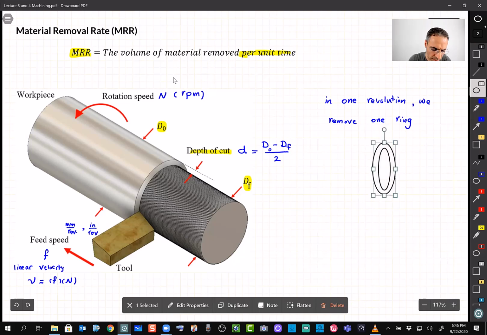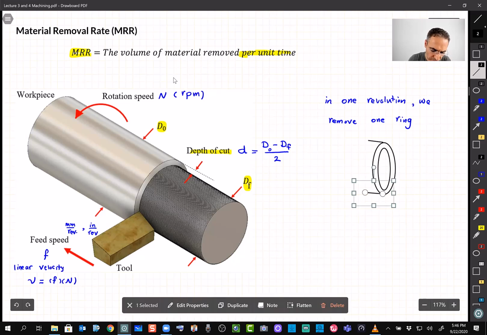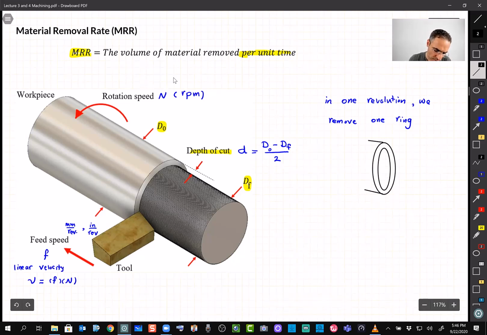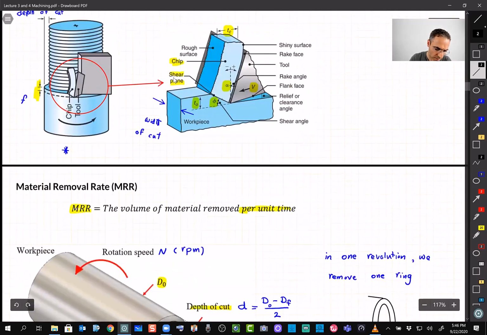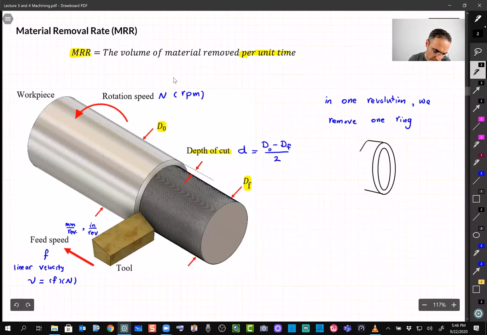That makes sense. Sorry if I'm being slow, I'm getting used to this digital writing. For many years I was used to blackboards and whiteboards and a document camera, but now these digital things. All right, so maybe I'm exaggerating here, but let's say in 1 revolution, we are removing 1 complete ring, all right?